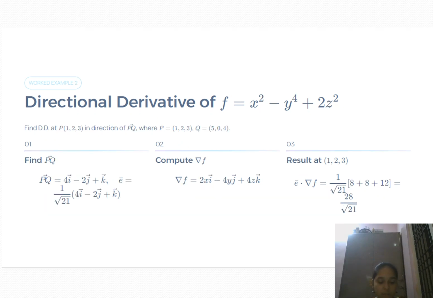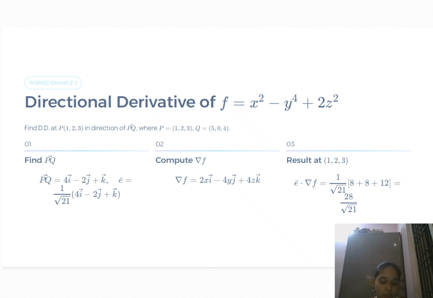Now the position vectors of P and Q with respect to the origin are given by OP bar is equal to i bar plus 2j bar plus 3k bar, and OQ bar is equal to 5i bar plus 4k bar. If we subtract, we get PQ bar is equal to 4i bar minus 2j bar plus k bar.